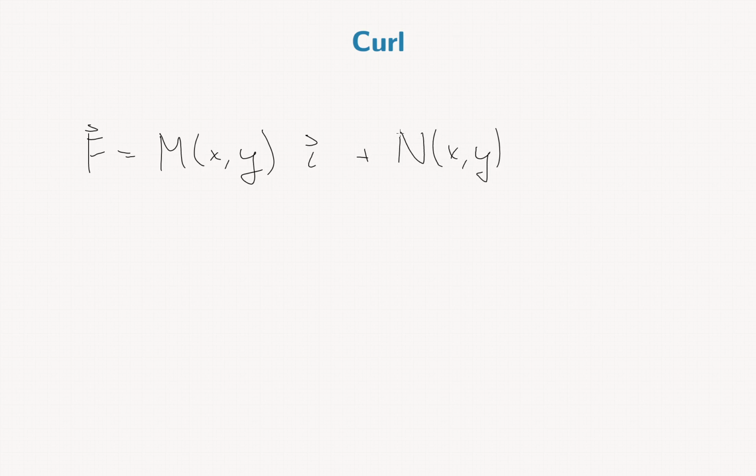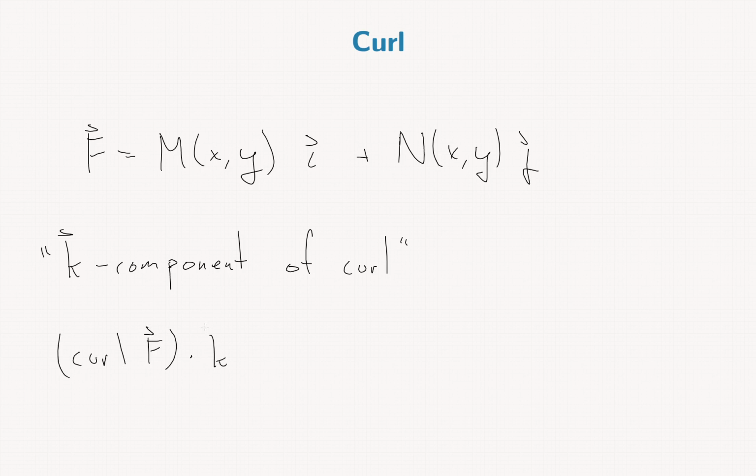For a vector field in the plane, F = M(x,y) i + N(x,y) j, we defined the k component of curl, curl F dot k.